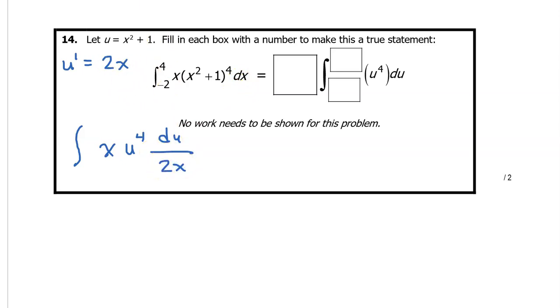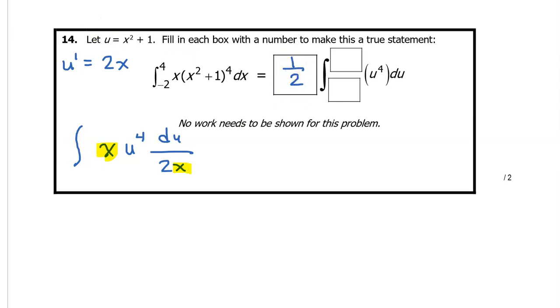But then we notice that we have the x in the numerator and this x in the denominator, which cancel each other out. So those are going to be gone, and we will be left with this 2 in the denominator. We can bring that out in the front as a 1/2. But that's what this box is for. So I'm going to have a 1/2 right here.